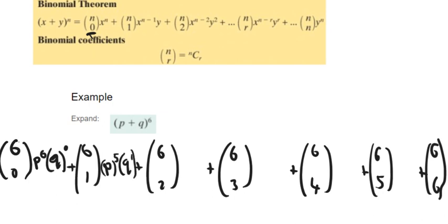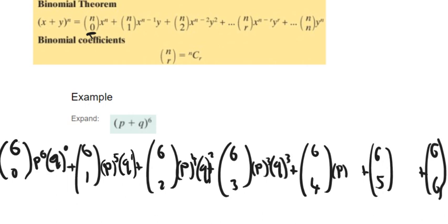The power on the second one goes up by 1, and that keeps happening. So here I'll have p to the power of 4 and q to the power of 2. Here p to the power of 3, and q to the power of 3, since it was 2 the last time.